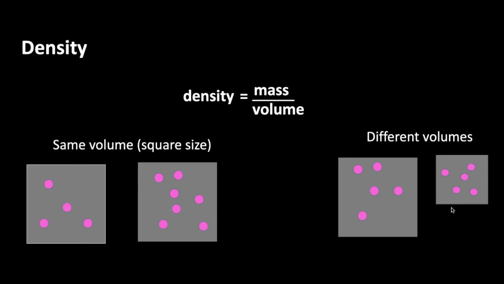So if you look at the squares on the right, this square on the far right has a smaller volume. Therefore, because the volume is smaller, what's inside is more concentrated, and therefore it's more dense than this square right here. So that's how density relates to volume.